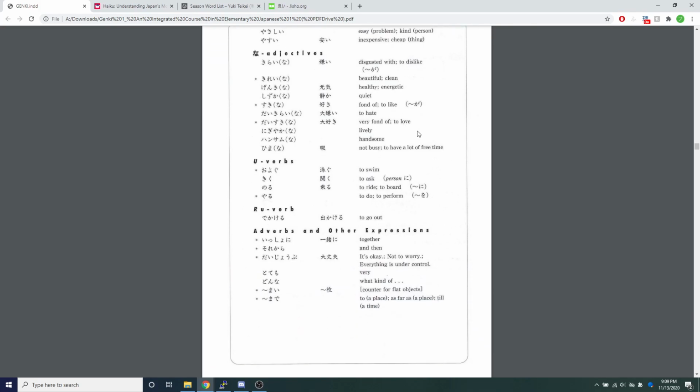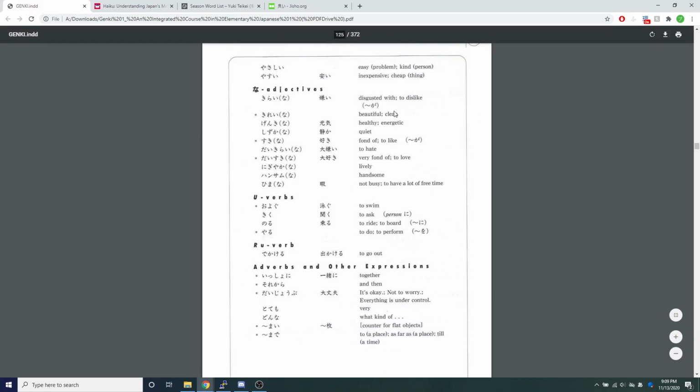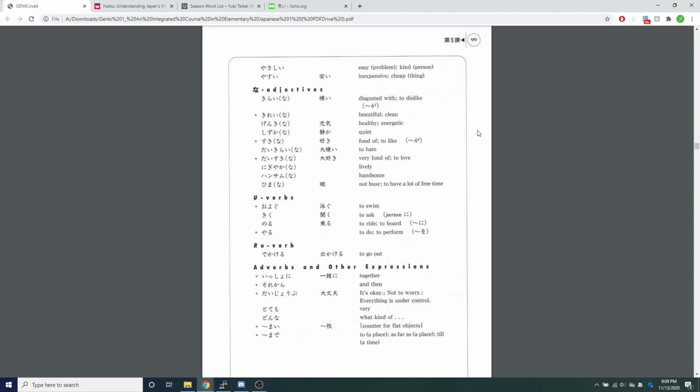So we have some not adjectives here. We have 嫌い. So you could say アイスクリームが嫌いです. I don't like ice cream, which I don't think anybody's ever said except my dad. He seems to somehow be the only person I've ever met that doesn't like ice cream. But I guess there's people that don't like ice cream.